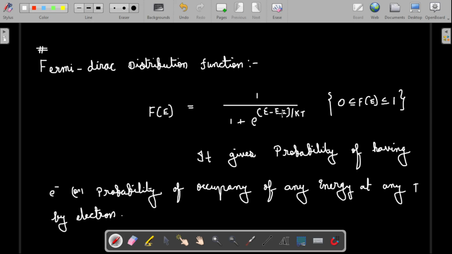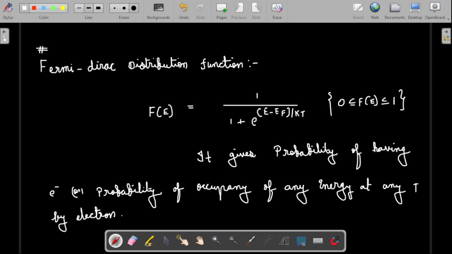Here, EF is the Fermi energy level that we discussed last class. This is the uppermost energy level below which every energy level is filled with electrons. That extension is the Fermi-Dirac distribution. Last class we saw just the definition of EF; now we are giving a probabilistic distribution function.